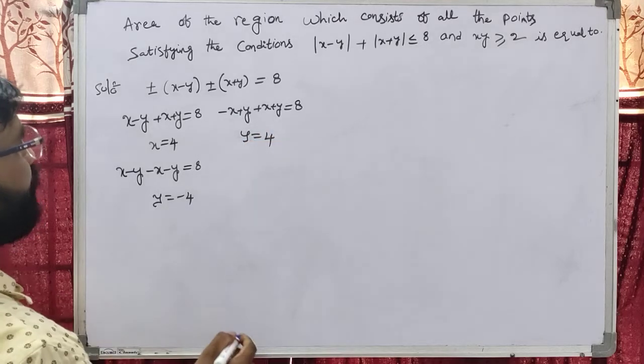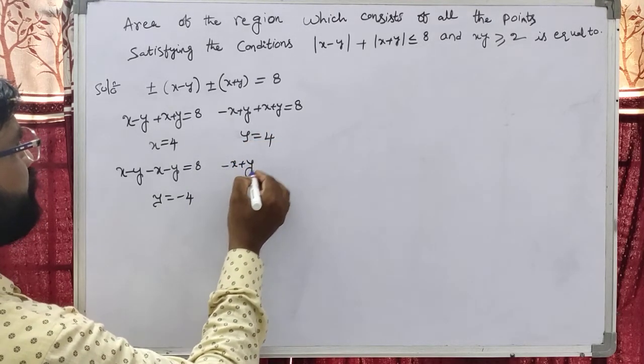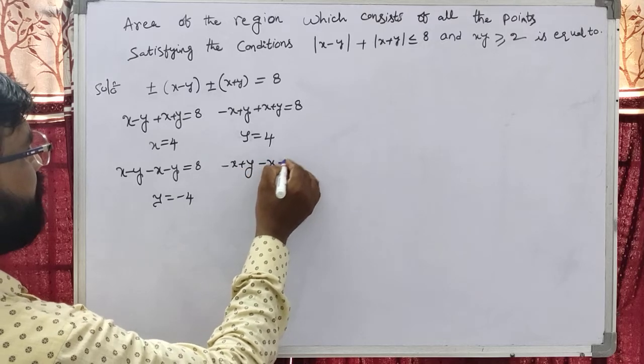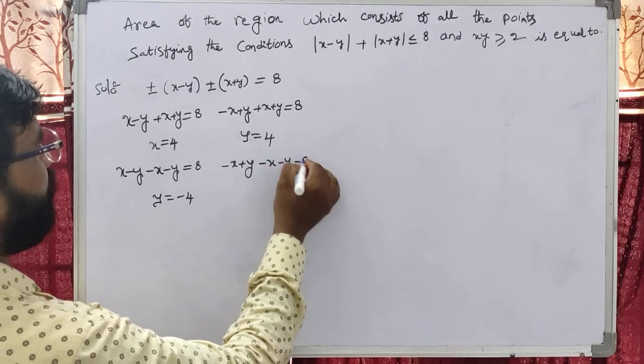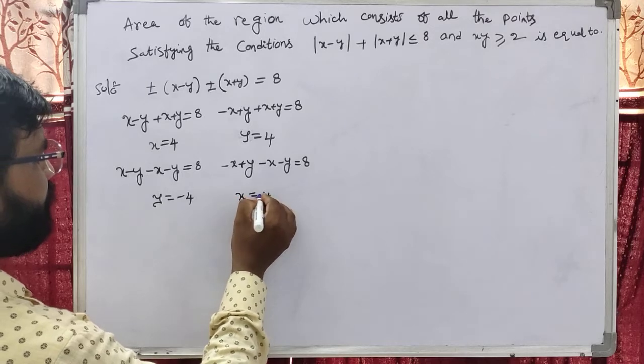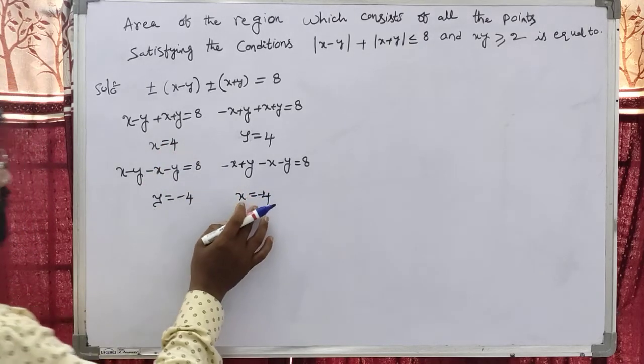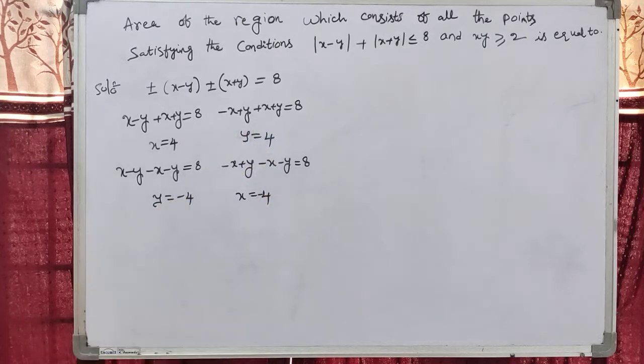Now both are negative, that is -(x - y) - (x + y) = 8. We got here x = -4. What do you get, students? x = 4, x = -4, y = 4 and y = -4.